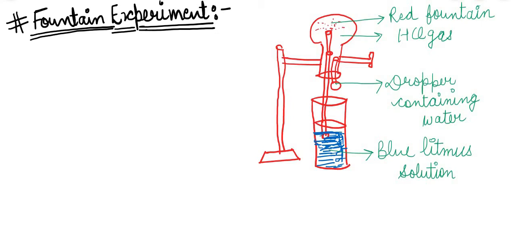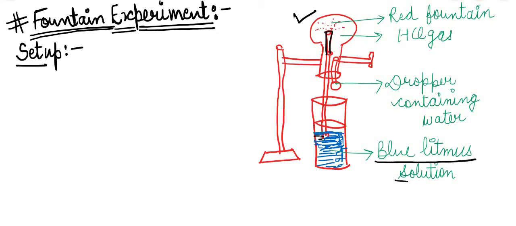Okay, so let's talk about its setup, how the setup is present. We have a big round bottom flask. As you see, this is the round bottom flask. With this round bottom flask, there is a glass tube that is connected at the bottom with a solution, the blue litmus solution present in this jar.